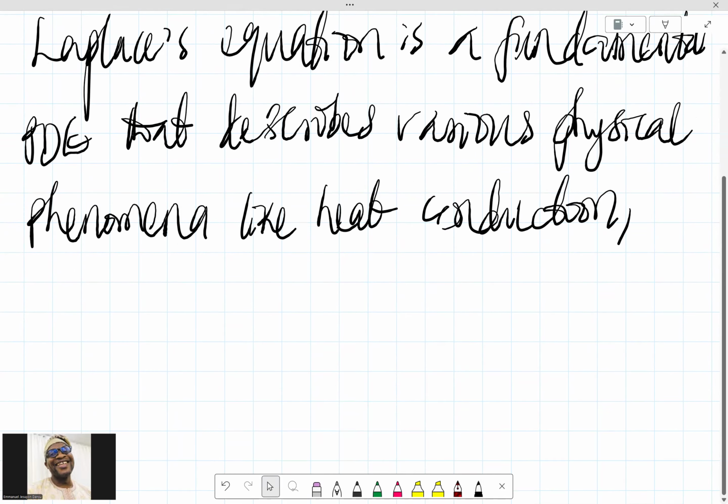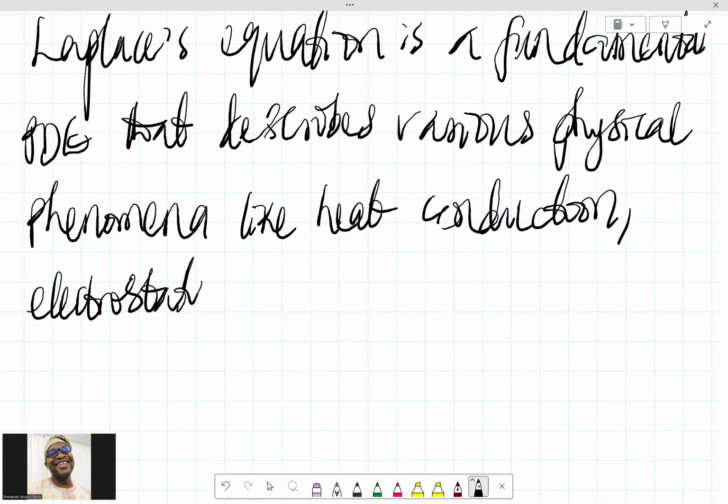Never mind that there's also heat equation, right? Heat conduction, electrostatics, and fluid dynamics.